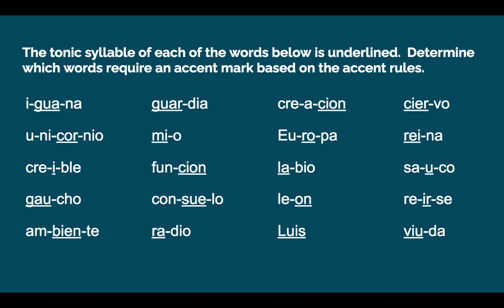The weak vowel being either an I or a U. If the I or the U separates from the vowel next to it, then you'll have to put an accent on the I or the U. If it doesn't separate from the vowel next to it, you don't want to accent the weak vowel, the I or the U. So pause your recording and try these.